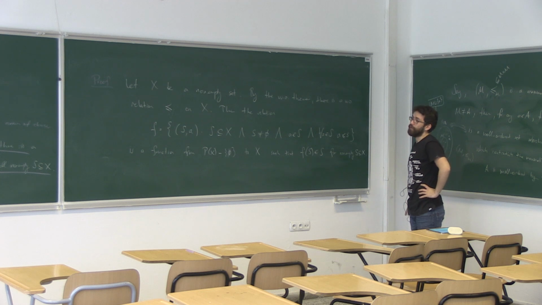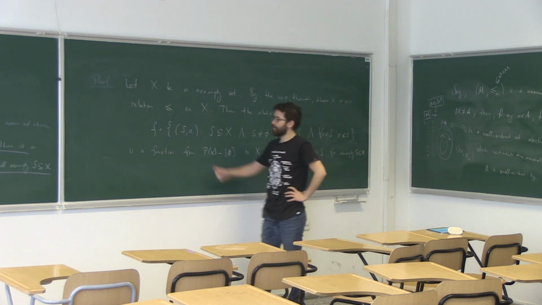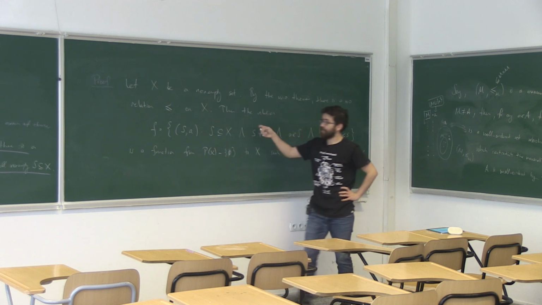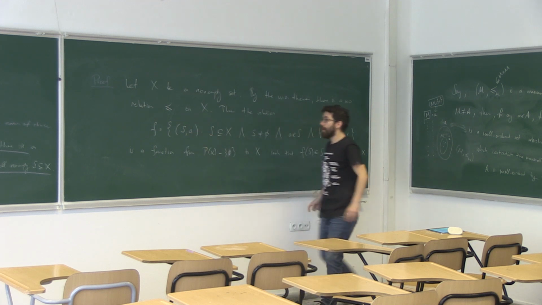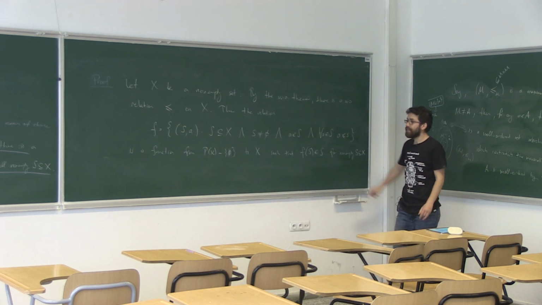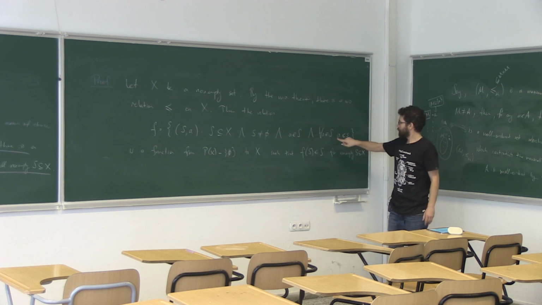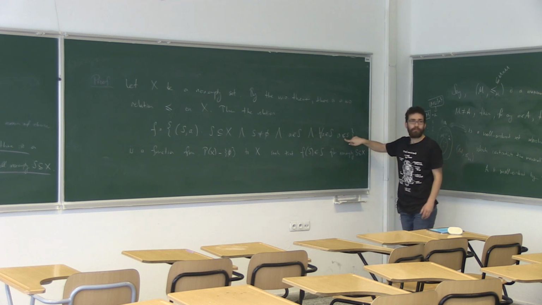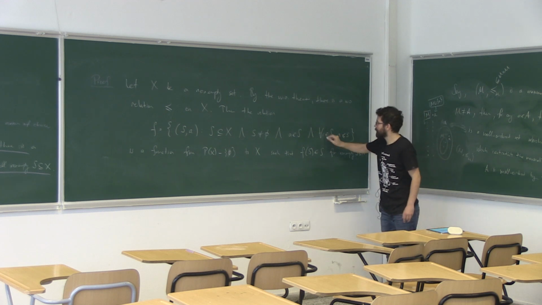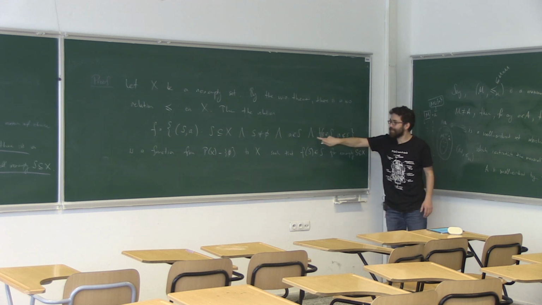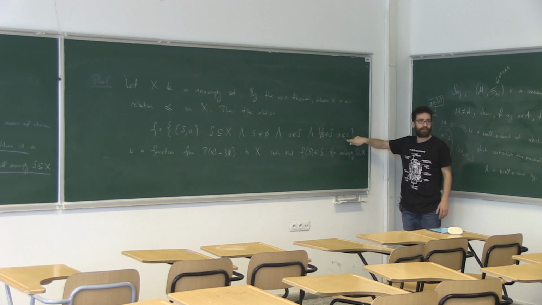This relation relates a non-empty subset S of X to some element A. And this A is supposed to be in S, and it's supposed to be the minimal element of S. So why does there exist such an A?